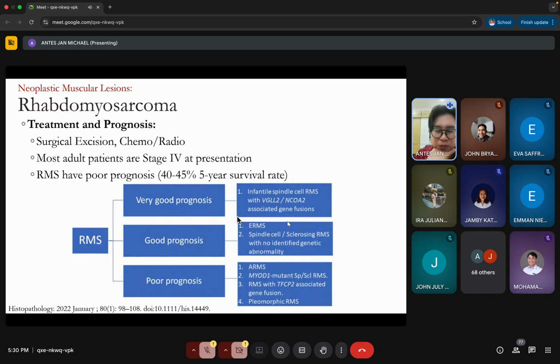I will not go into the specifics of these gene mutations, but if you do have time, I've actually sent the journal to further classify this kind of lesion, the rhabdomyosarcoma, because if you are seen with such gene mutations, it would most likely predict your prognosis.